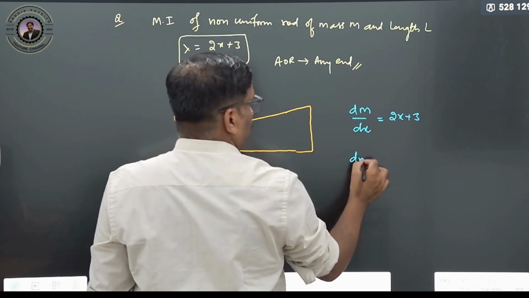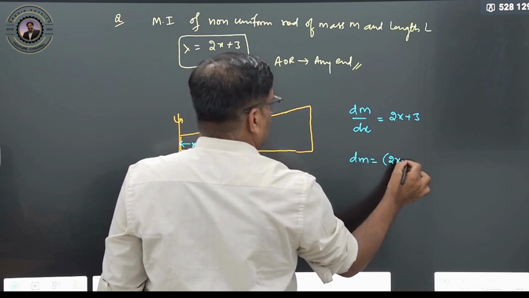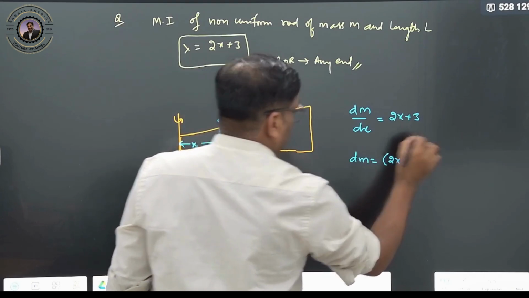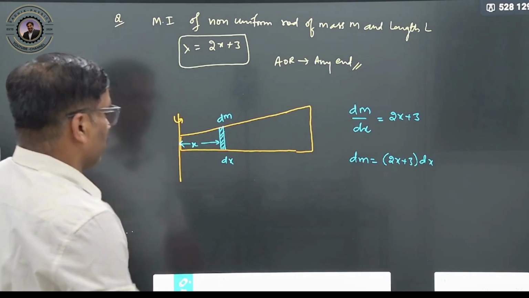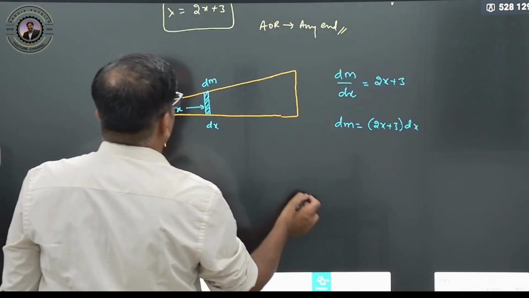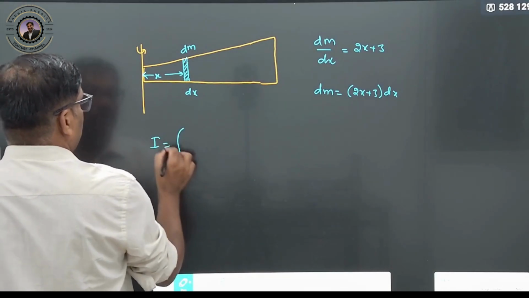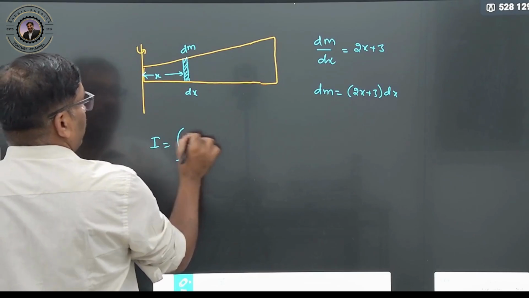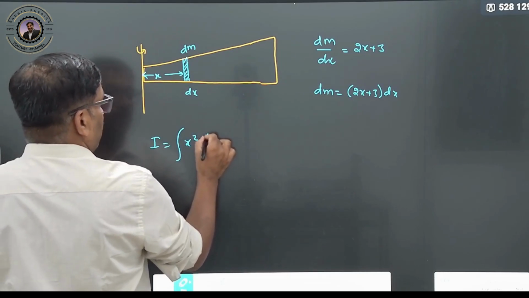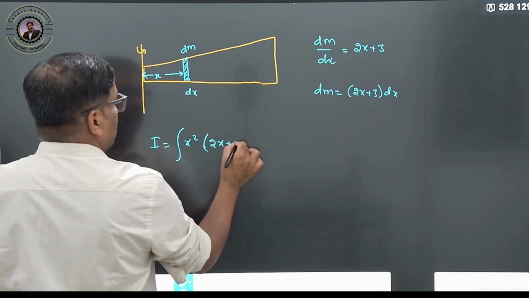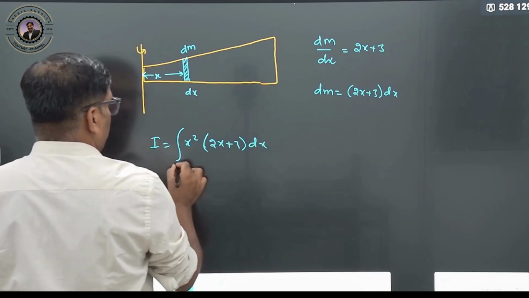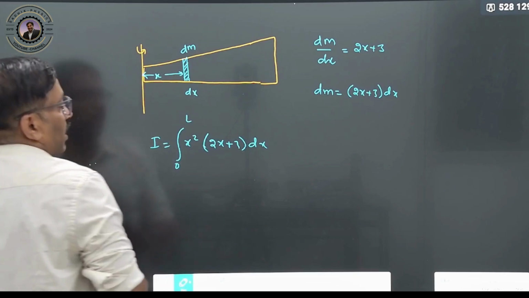So dm = (2x + 3) dx. Again, we can calculate the moment of inertia: I = integral of x² dm, which is x² (2x + 3) dx, from 0 to L, where the length is L.